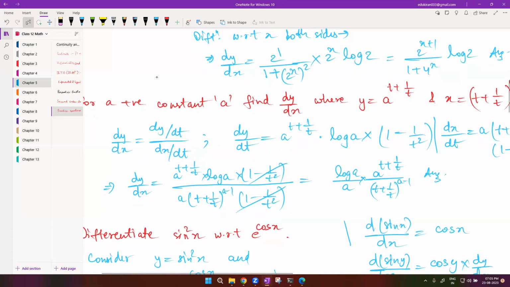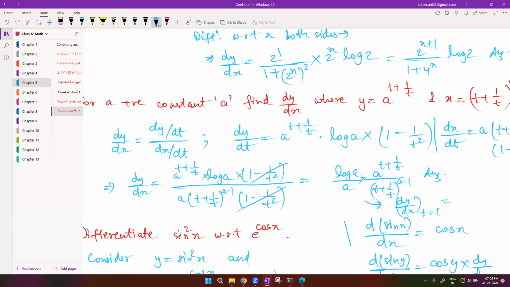If I want to find out the value of dy by dx at a certain point, then I can do that. For example, in this case, dy by dx at t is equal to 1, since we can't put t equal to 0 here.